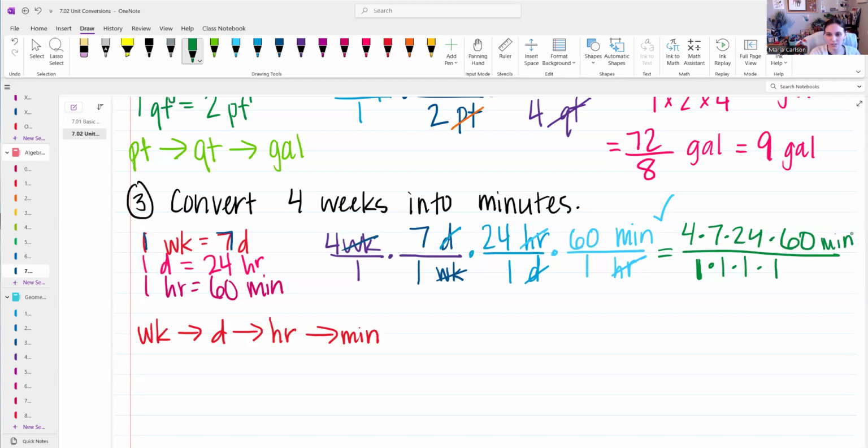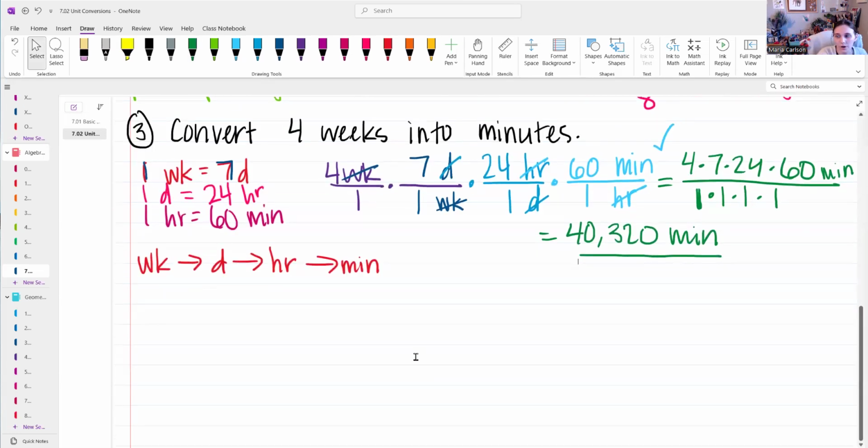So the denominator really goes away. And if I multiply 4 times 7 times 24 times 60, we get 40,320 minutes. And again, that would be over 1. So that's just 40,320 minutes. All right, we're going to do one more together.